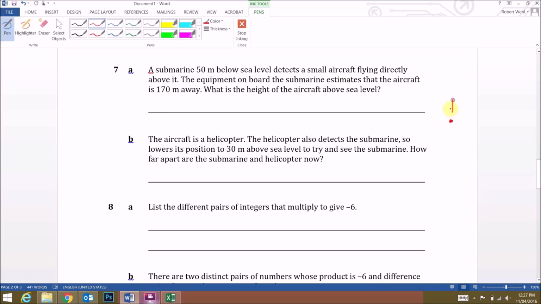It is 50 metres below the surface, and then you've got your plane up here, and we know that the total length in between the two is 170. So if this is 50, this one must be 120. So the answer to that question is 120 metres above sea level.